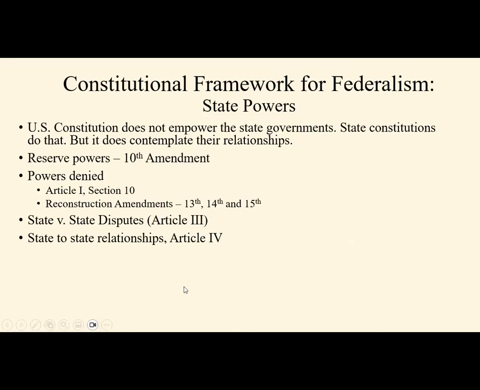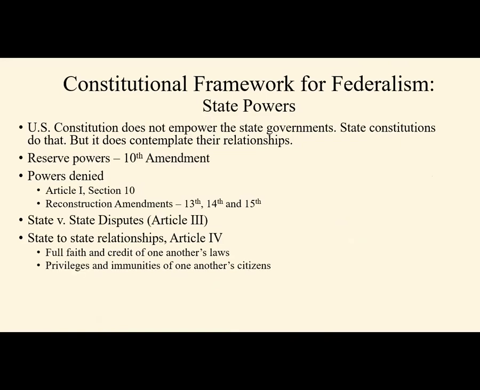I believe we went over that real briefly when we were outlining the Constitution, but I'll mention them again. It provides the full faith and credit clause, meaning that each state must recognize and uphold the laws of other states. The next was the comity clause, that each state must ensure the privileges and immunities of other citizens. So one state cannot discriminate against the citizens of another state.